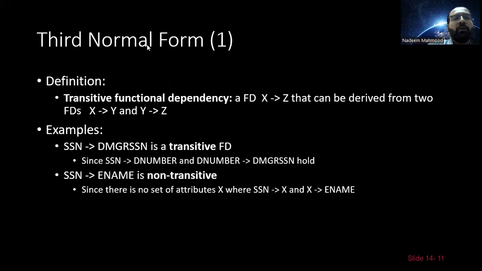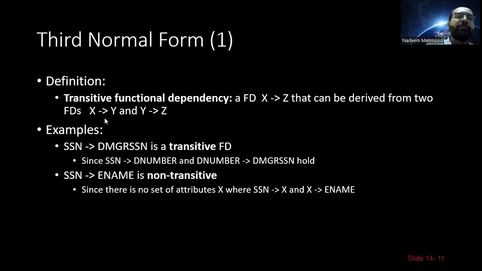Third normal form is a normal form where we see whether the attributes given in a relation are not having a transitive functional dependency. If they are having a transitive functional dependency, then it means that the third normal form is not obeyed, and we have to see how we can break that relation to have decomposed relations.